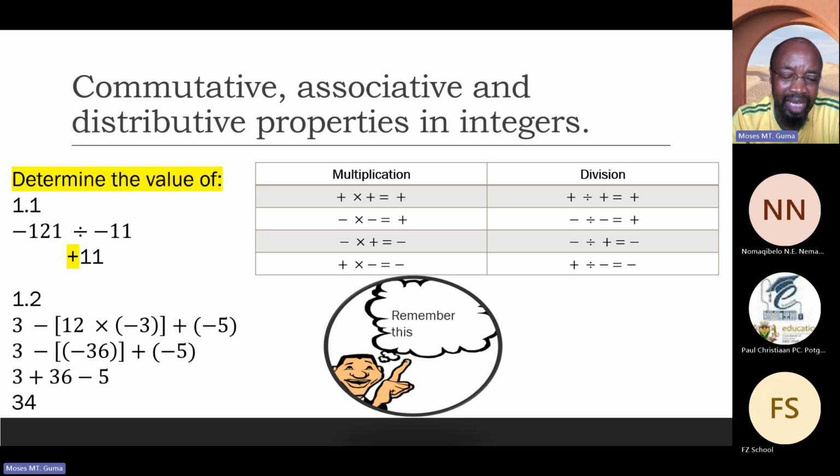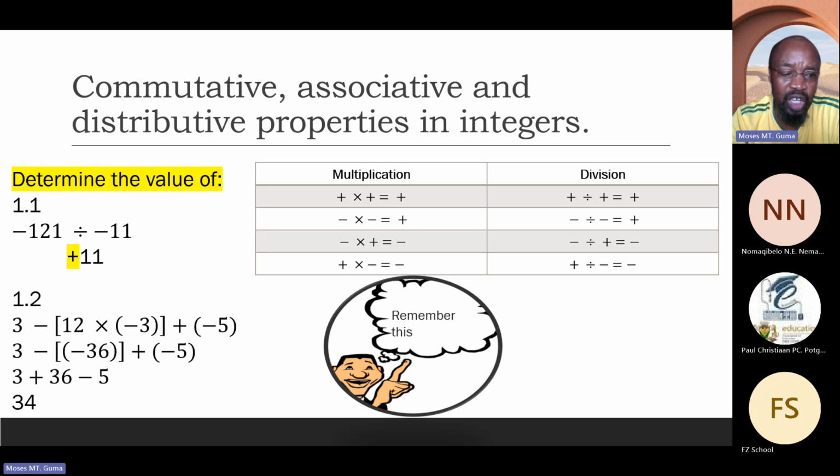Keep that in mind. I repeat again, when you divide a negative by a negative, you get a positive. Now, 121 divided by 11, we all know that it would give us 11. What did we learn in this example? We have learned that when we divide a negative by a negative, we get a positive, and we are happy about that one. Let's move on to the next one.